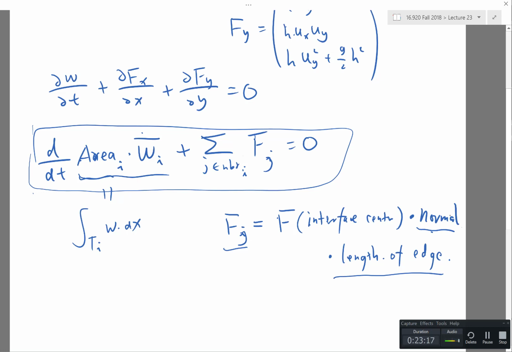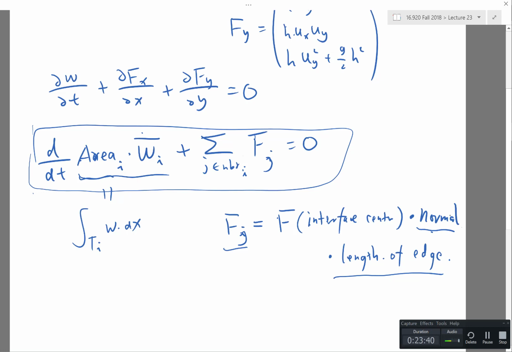I mean, the normal is a unit vector, so multiplying by the length makes it not a unit vector anymore. So we'll just call it a sized normal. That's the second one. And the third one is you need to know which triangle has which interface, or a mapping between the interfaces and the triangles.